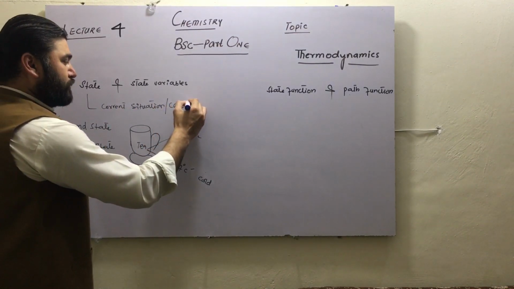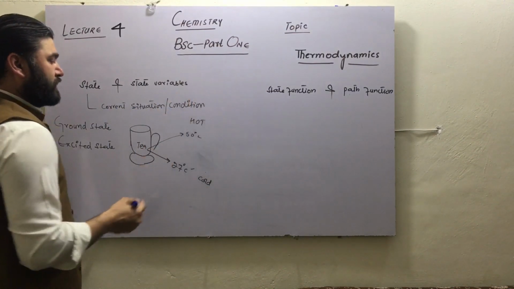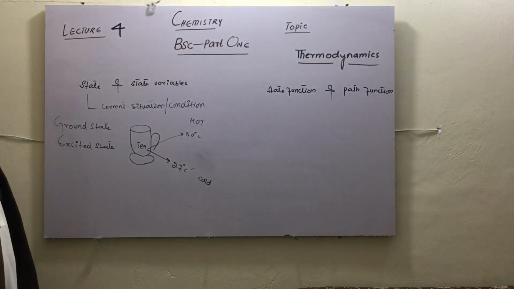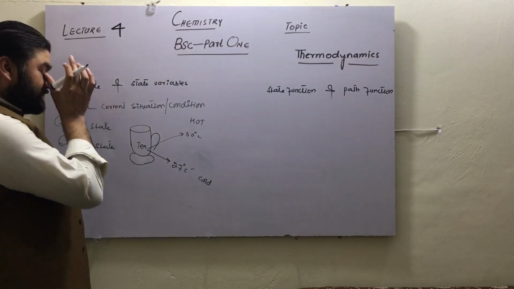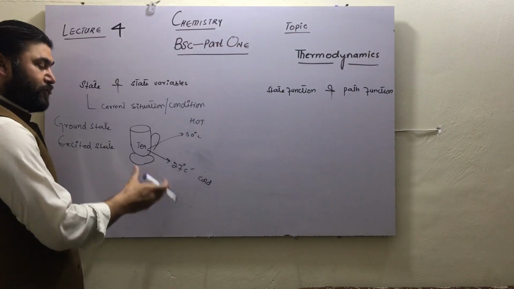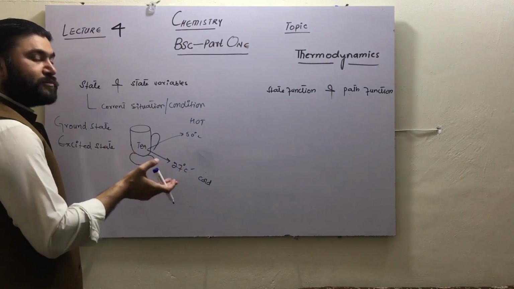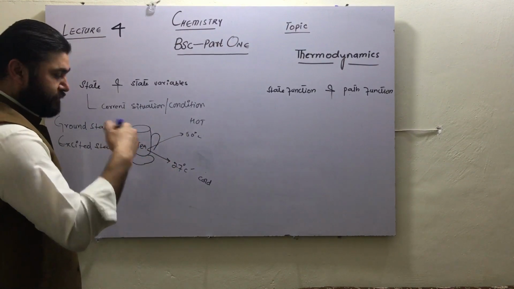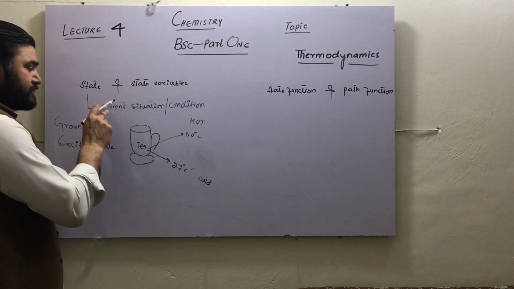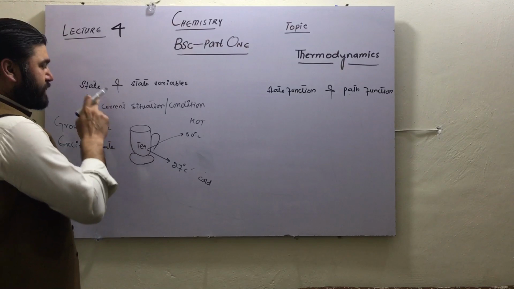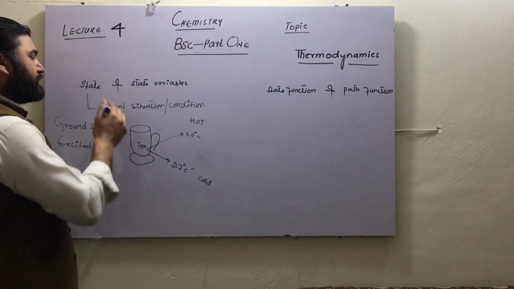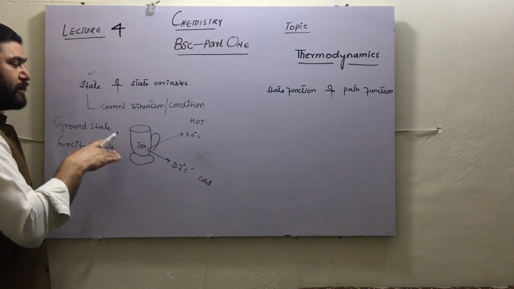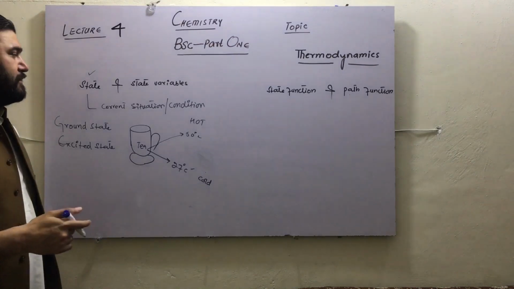So state is basically the current situation of a system. And what is a system? Any substance which is under observation, under investigation, is called a system. So state is the current situation of any system.